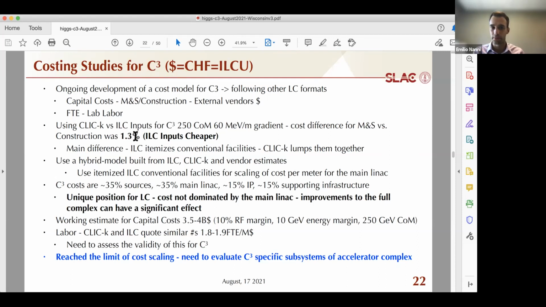So really, it was quite shocking to me when I saw this, that these two very different designs, if you take those as inputs, you can get very close to the total cost for the system.